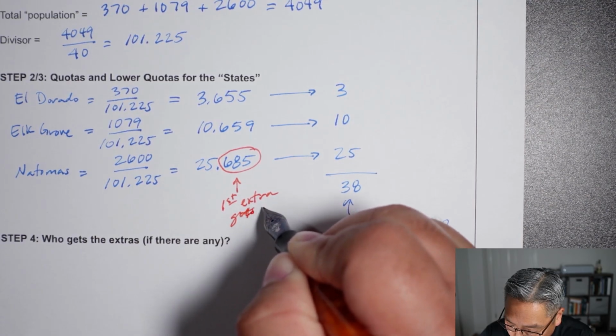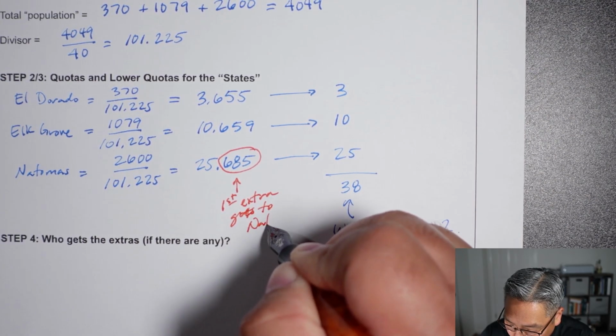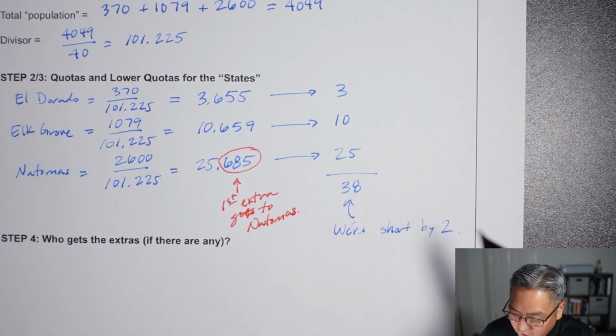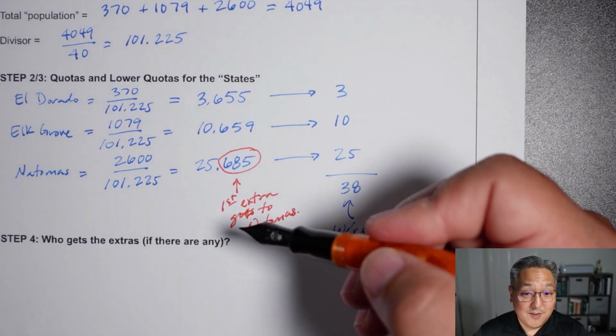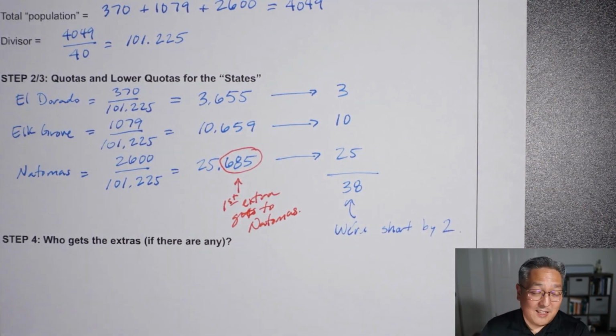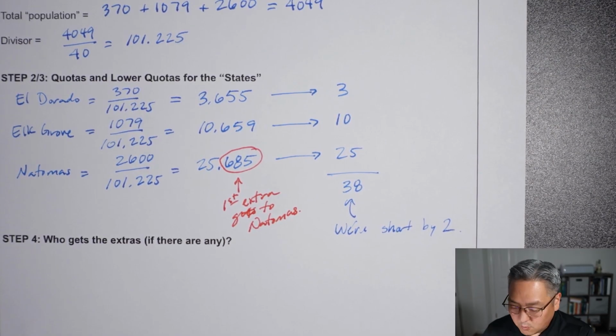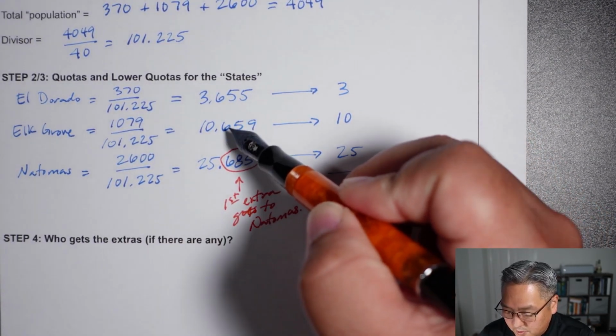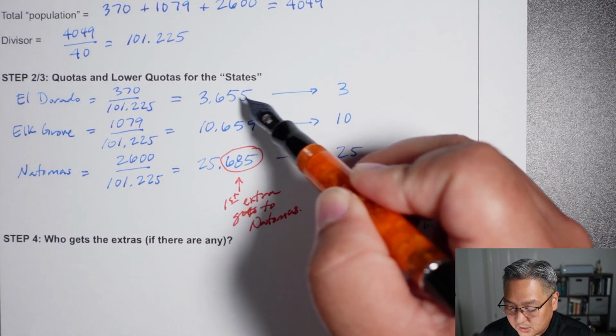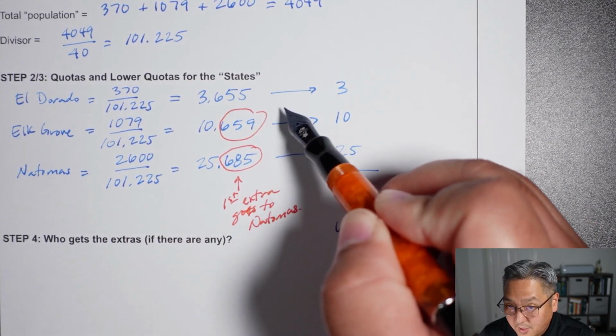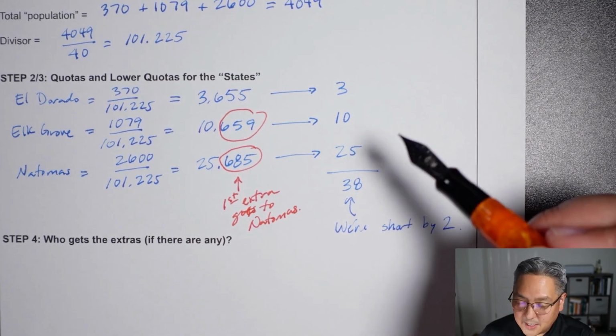Oops, goes to Natomas. But we had 2 extras. We're not going to give Natomas another one because we're not supposed to give anything more than 1 extra to any one state or department, or in this case, center. So we'll next go to Elk Grove, which has the 659, which is higher than the 655. So here, Elk Grove is going to get the second extra.